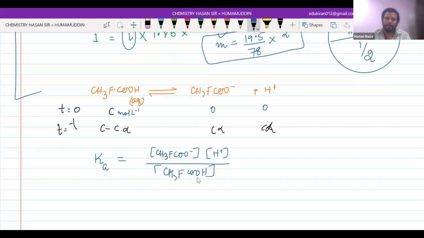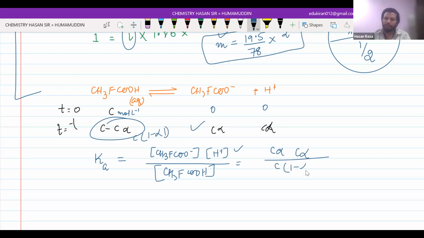Accordingly, you can put the value of this C alpha. This has the value C alpha, and then C alpha again for this H plus, upon C minus C alpha. If you take C as common, 1 minus alpha is there. So this will be C into 1 minus alpha.